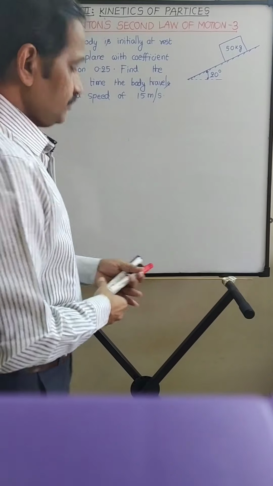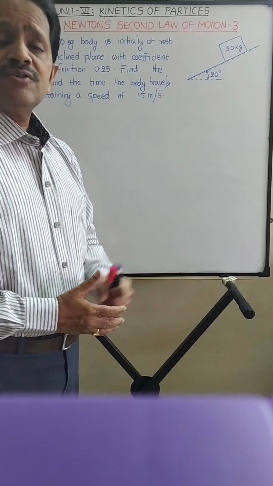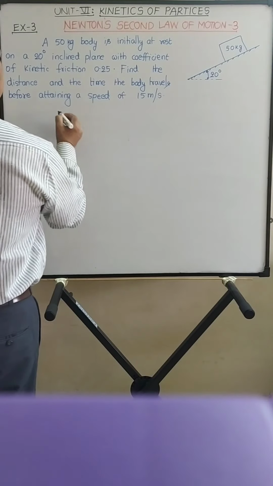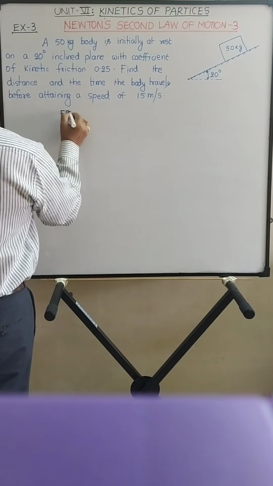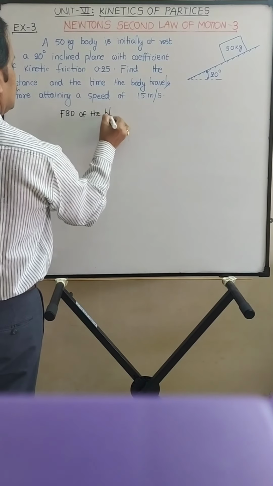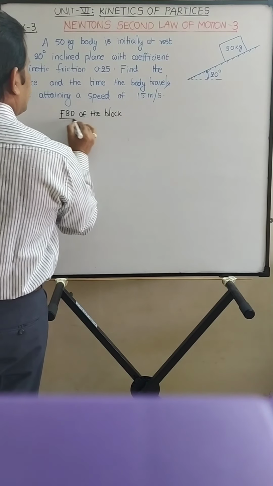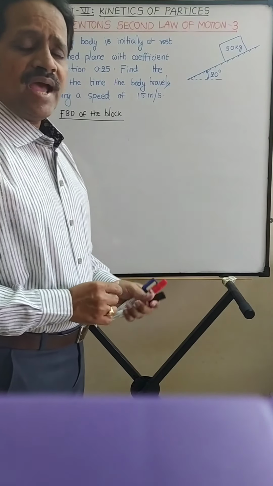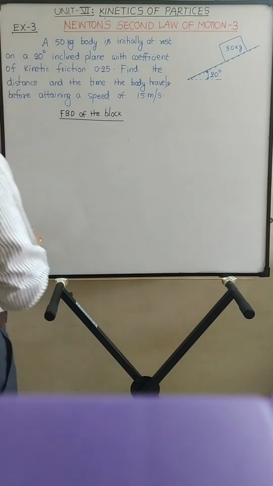Okay. So first let us draw the free body diagram, FBD, of the block. The free body diagram is the diagram showing all the forces acting on the body.